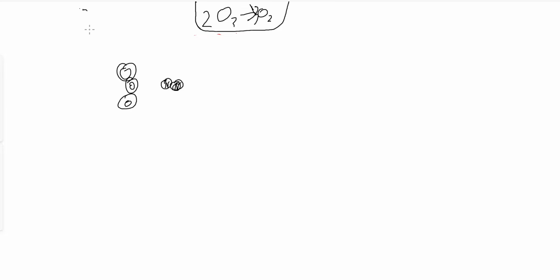Now, collision theory states that a molecule must have sufficient energy and sufficient orientation in order to react. So this basically means that not all collisions between molecules will have a reaction, only some will. Now in this case, we'll say that this is going to be the result of the collision.